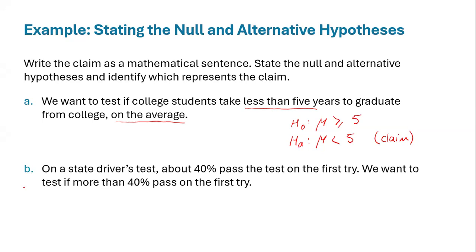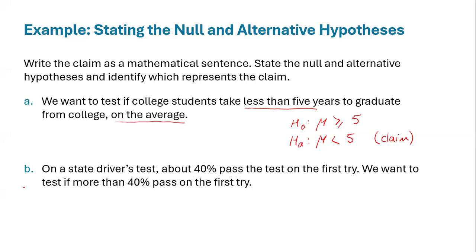Okay. Now, next example. On a state driver's test, about 40% pass the test on the first try. We want to test if more than 40% pass on the first try. When we read this question, you don't see any word that tells you what notation you have to use for the null and alternative hypothesis.